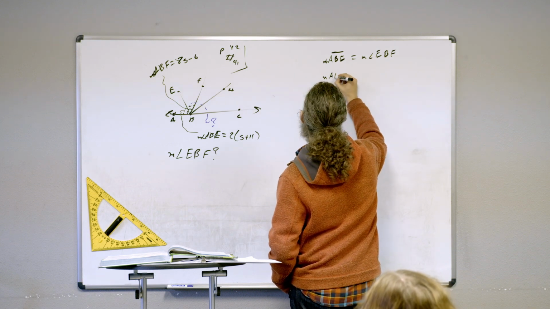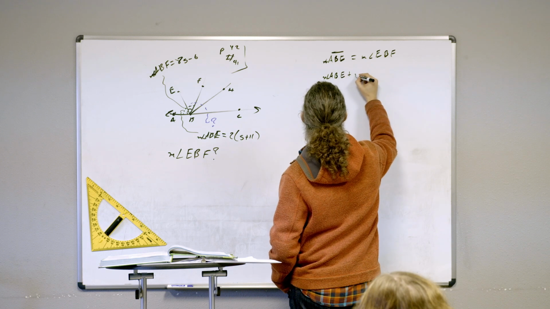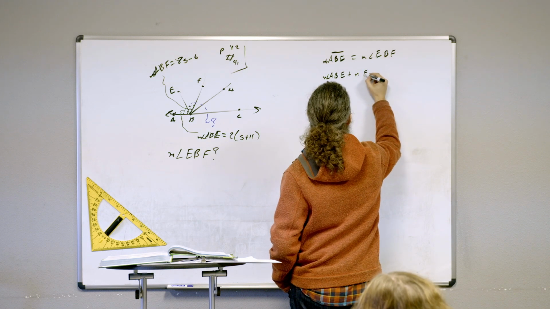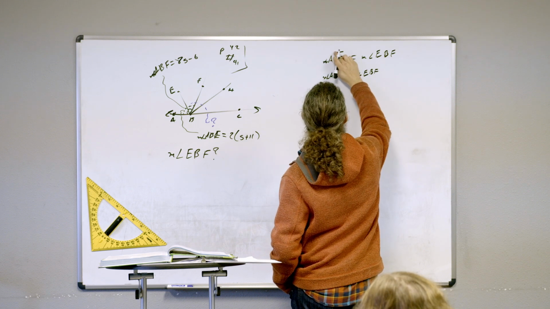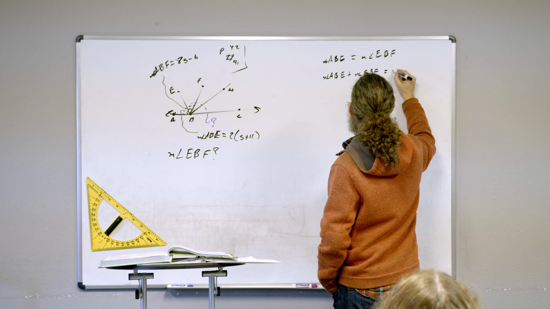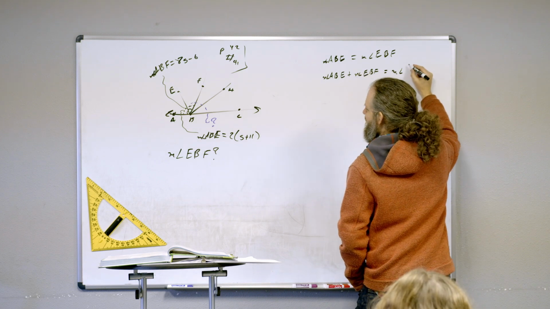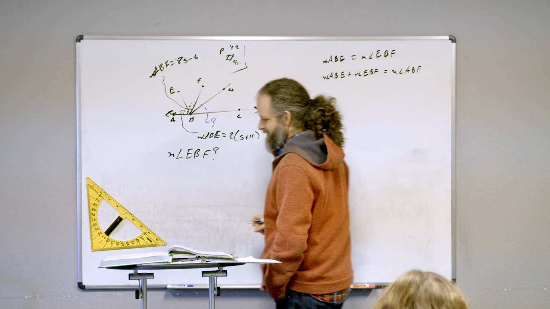Measure of ABE plus the measure of EBF equals the measure of angle ABF, right?